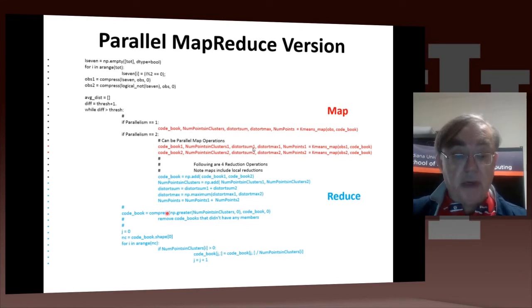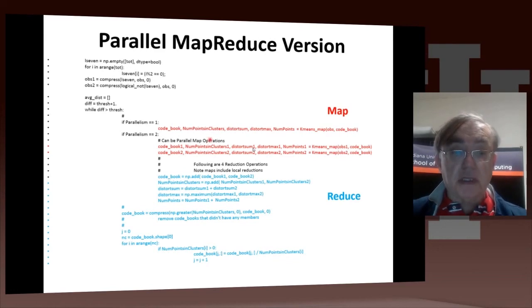Here we then do the final arithmetic in the reduce process. It involves getting rid of zero clusters and dividing the candidate centroids by the number of points, because the centroids are the average positions.